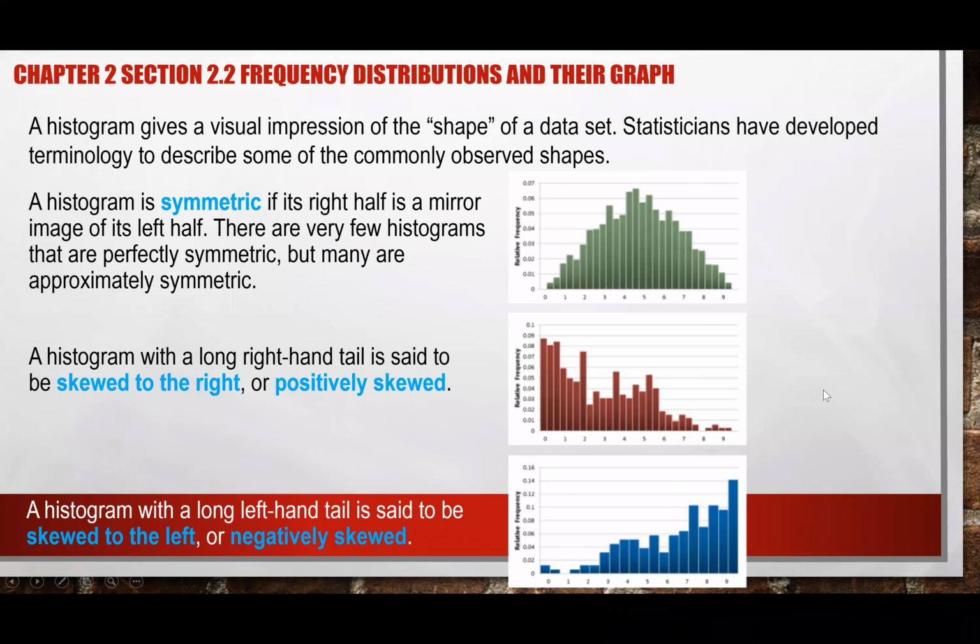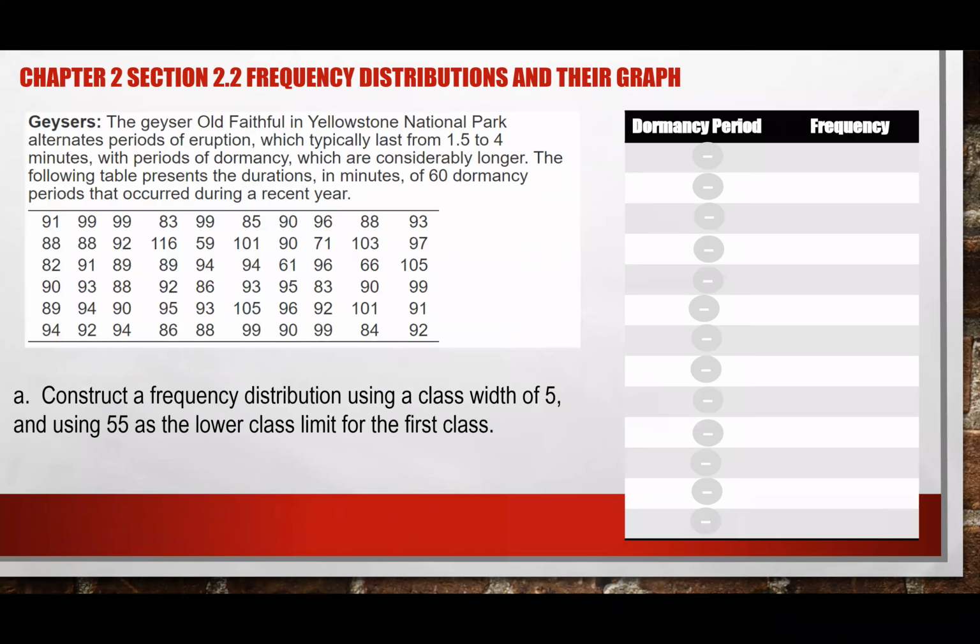Okay, so now let's take a look at this example. The one thing that they will do is ask you to construct a frequency distribution table for your quantitative data, which is what we are looking at here. We can disregard the story.